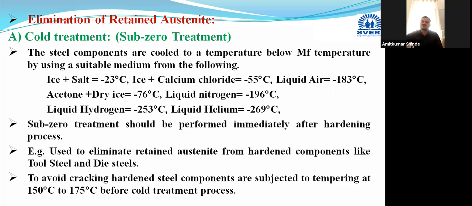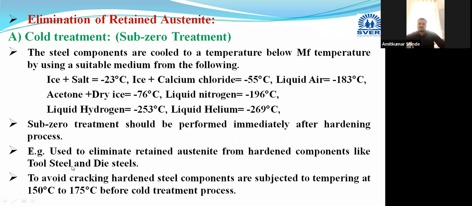That's why the sub-zero treatment is performed immediately after hardening, and the component is cooled below room temperature, generally below its MF temperature, that is, the martensite formation finished temperature, using different mediums depending on the temperature requirement.